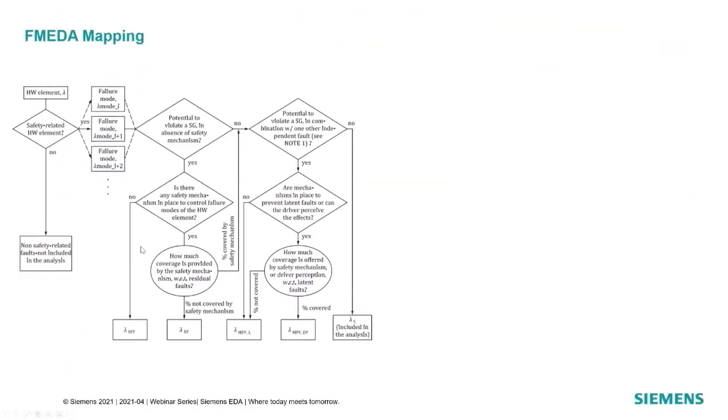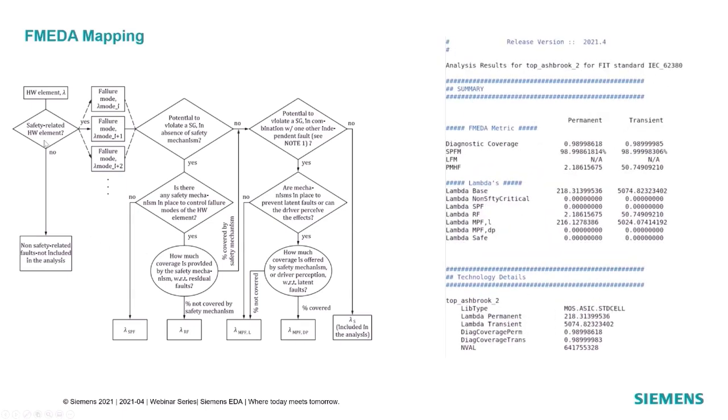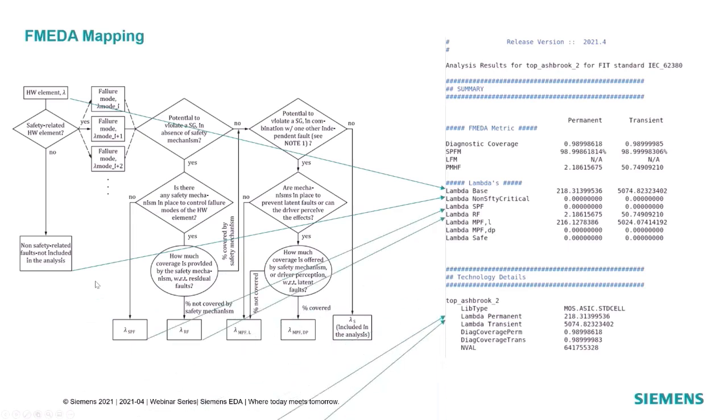We have mapped exactly the lambdas which are coming from the standard in our experiment. We are able to map individual lambdas to the individual buckets, and that's how we are going to perform our FMEDA mapping.